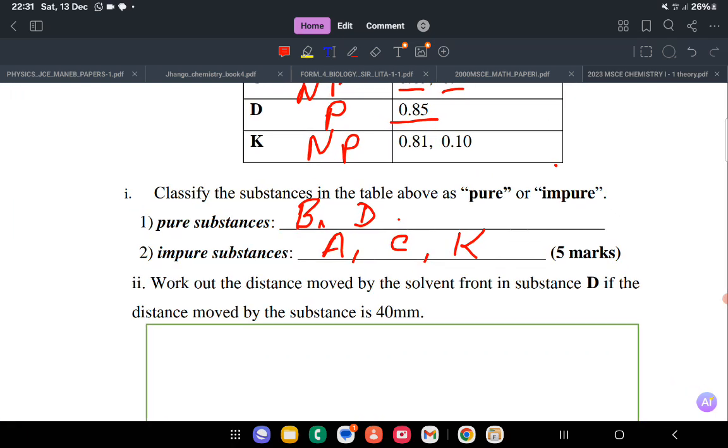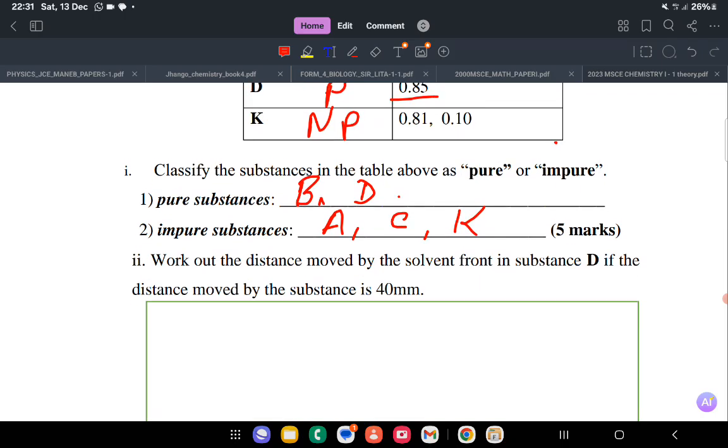Work out the distance moved by the solvent front in D, if the distance moved by the substance is 40 millimeters.